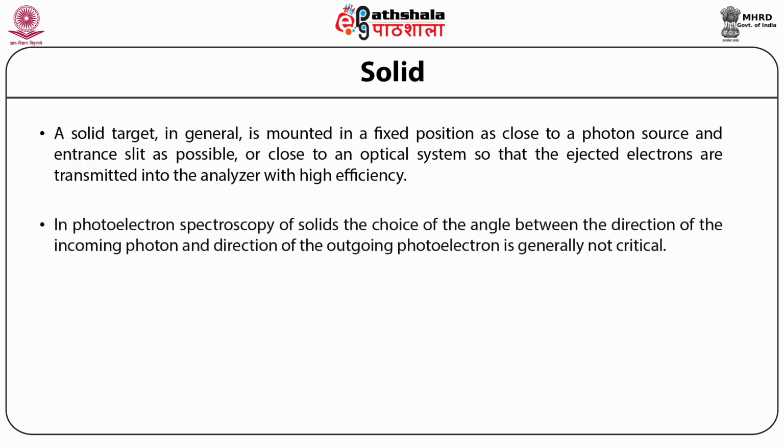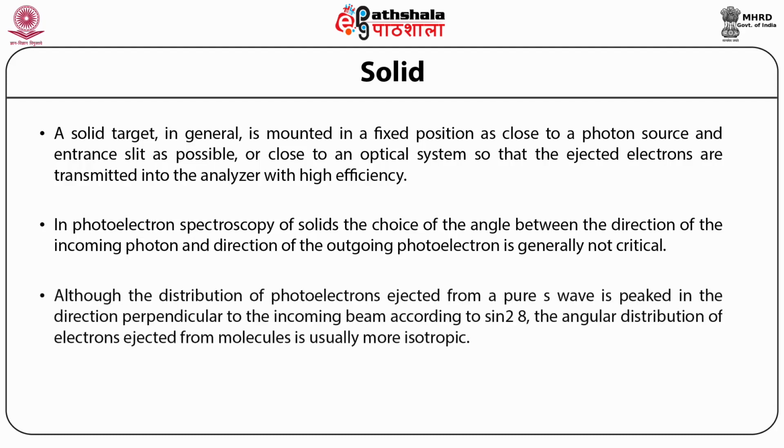In photoelectron spectroscopy of solids, the choice of the angle between the direction of the incoming photon and the direction of the outgoing photoelectron is generally not critical. Although the distribution of photoelectrons ejected from a pure S wave is peaked in the direction perpendicular to the incoming beam, according to sine theta, the angular distribution of electrons ejected from molecules is usually more isotropic.